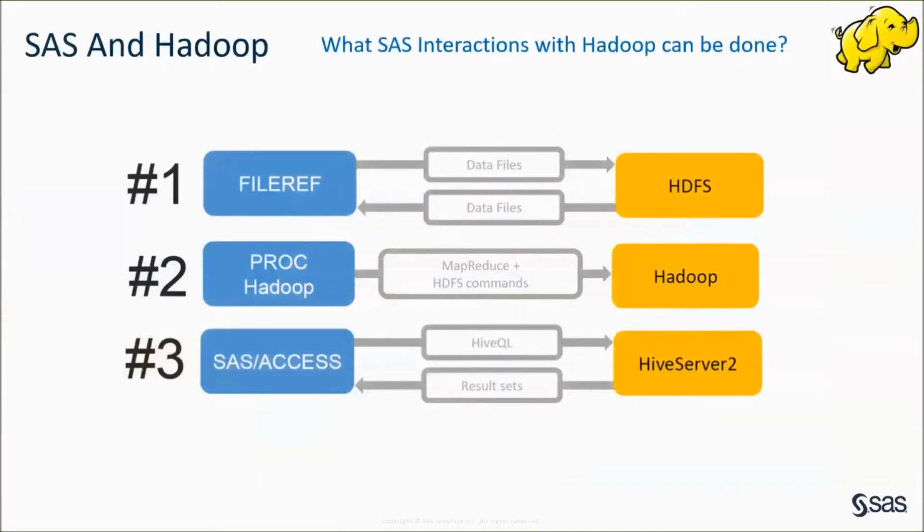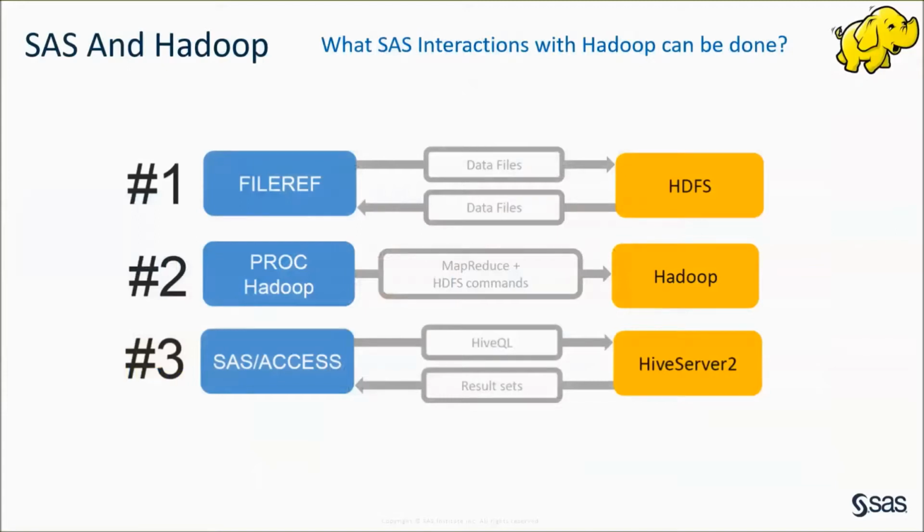While that is our focus, item number 3, I did want to mention items number 1 and 2 allow for an interaction with Hadoop using base SAS techniques. So with your base SAS license, you can do a filename statement and interact with the data in HDFS, or you can use PROC HADOOP, which allows you to execute MapReduce and HDFS commands in the Hadoop cluster.